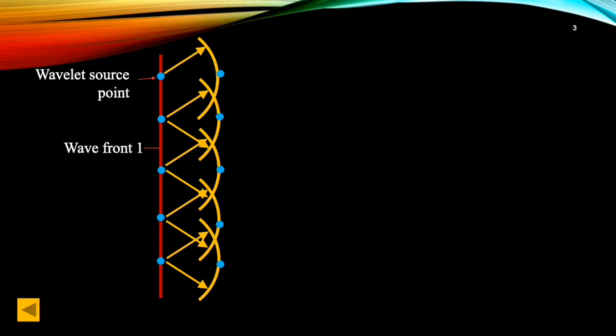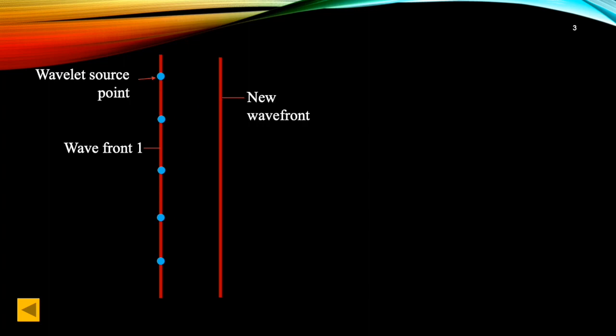Notice if we draw a line tangent to each individual wavelet, we will produce a new wavefront. So the new wavefront consists of a line that is tangent to all these wavelets.